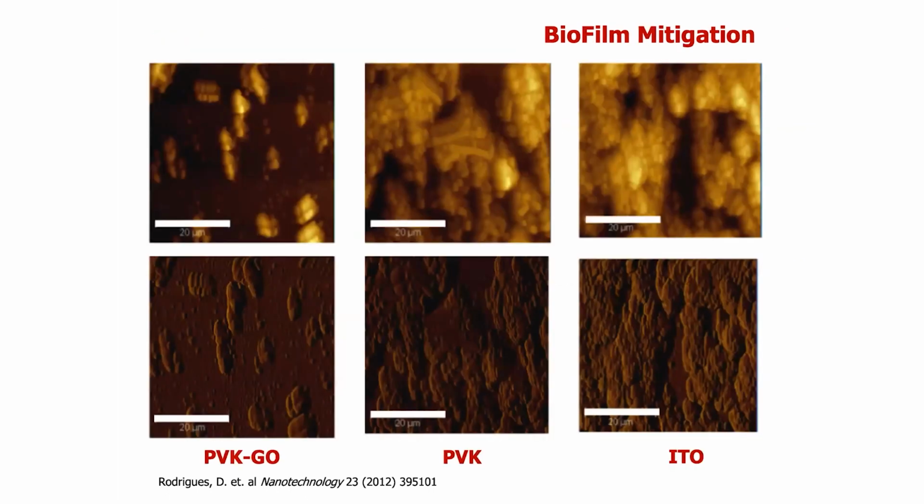So, for example, we can see that in the fight against biofilm formation, the PVK-GO shows better properties against biofilm formation on surfaces, competing against PVK and ITO, as shown in this AFM morphology.